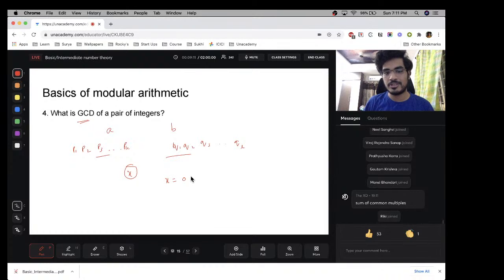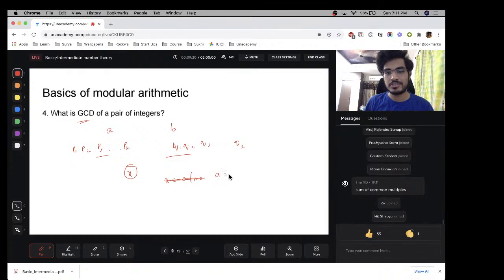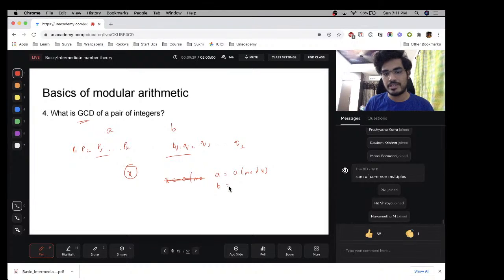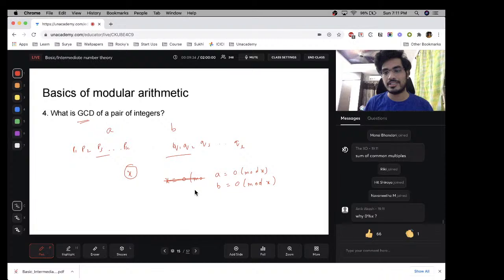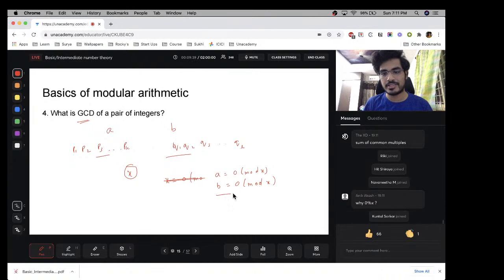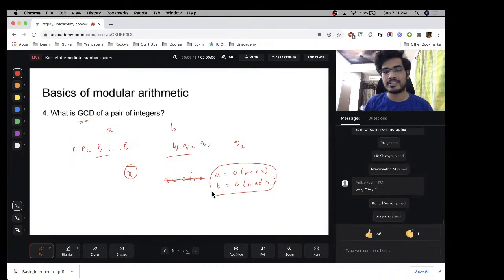So x is such that a mod x equals 0 and b mod x equals 0. The largest such x is called the GCD.